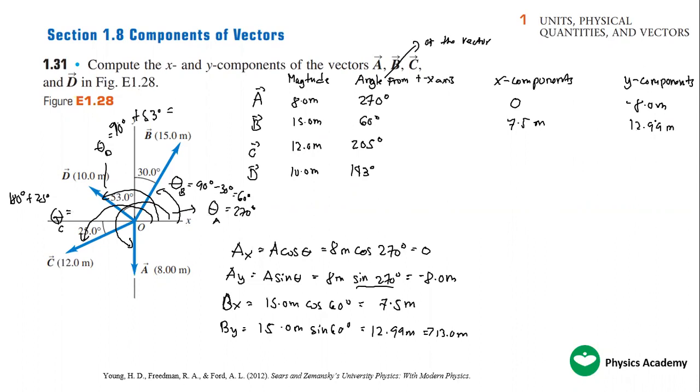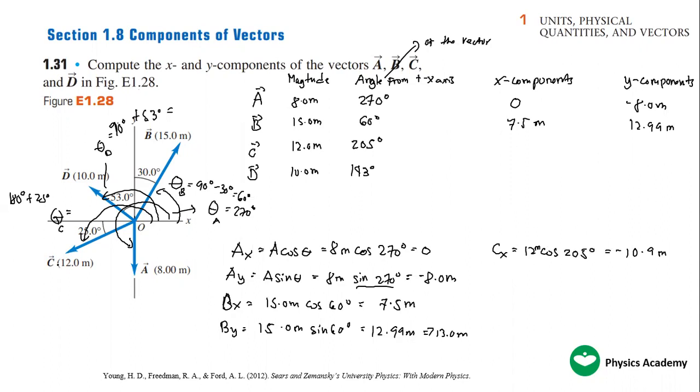So we put here 12.99 or 13 meters. For vector C, our Cx is 12 meters cosine of 205 degrees. So we have 12 cosine 205, which is negative 10.9, negative because Cx is in the third quadrant.